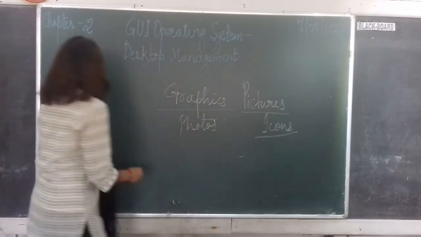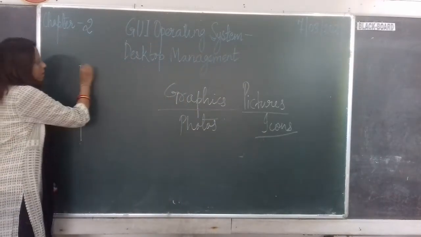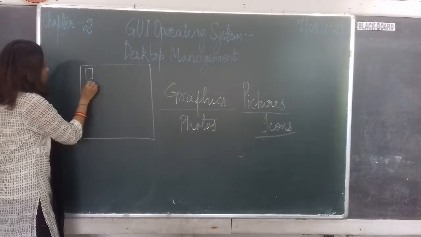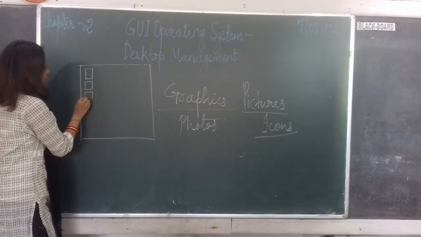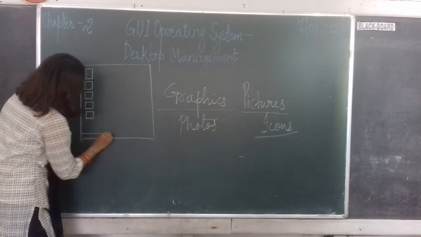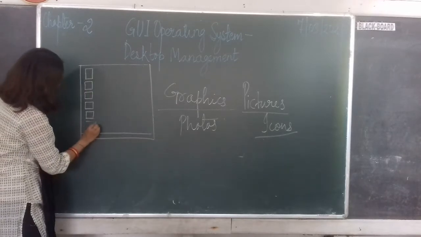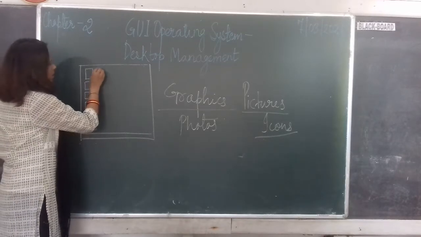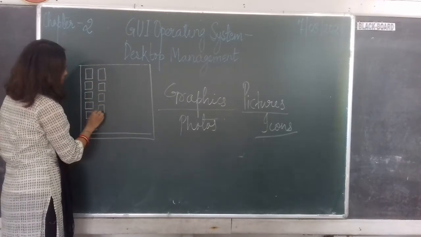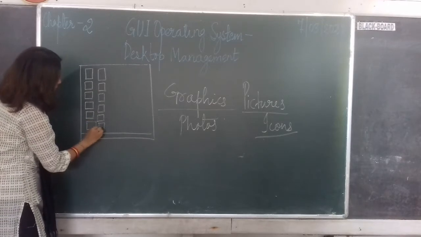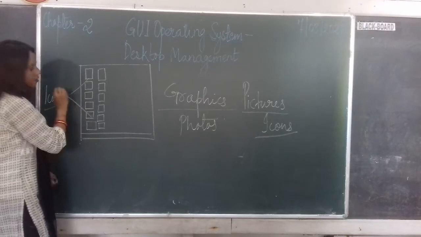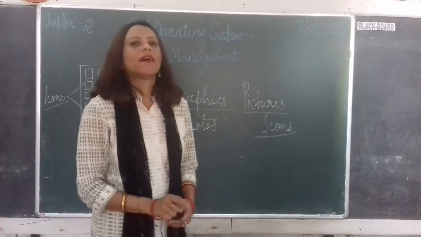As soon as you start your computer, on the screen you see small pictures indicating some programs. This is your taskbar. The small pictures all over the screen are called icons.